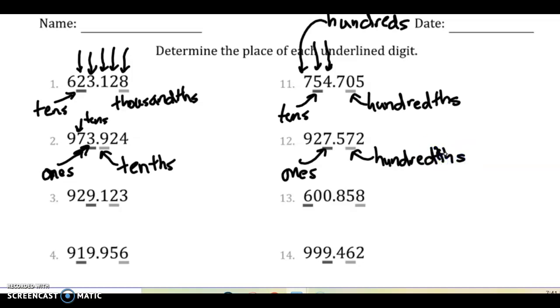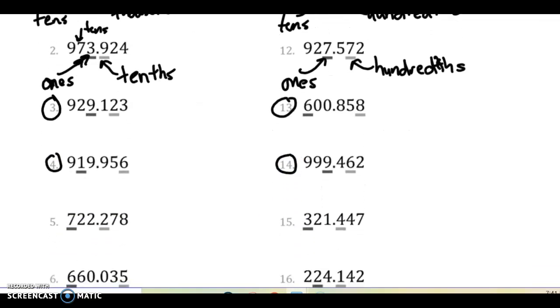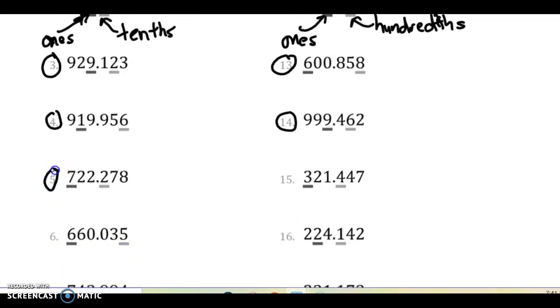Okay, so what I'd like you to try now is number 3, 13, 4, 14, 5, 15, 6, and 16. After tomorrow or the next class, I will be posting the answers to these 8.